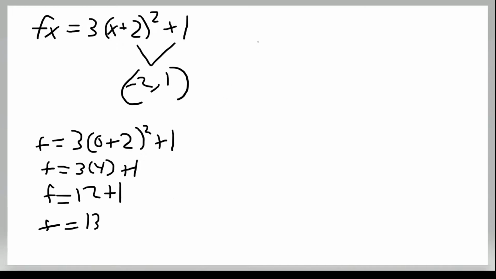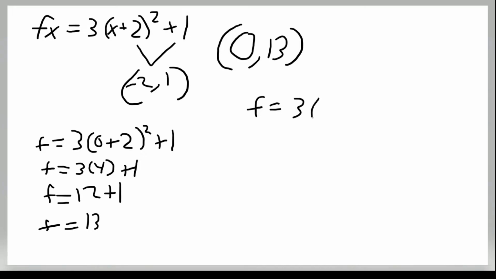So our first point will be (0, 13). So we have our main point down here, our next point over here, and now we're going to solve for one more point. We just need 3 points for a parabola. This time we're going to be plugging in negative 1. So f equals 3 times (negative 1 plus 2) squared plus 1.